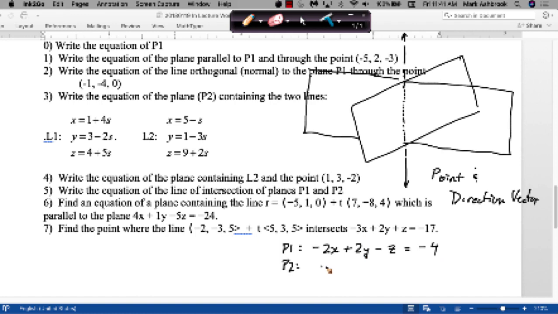-11x plus 13y plus 14z equals 84. Equals 84? Yeah. Wow, that's a serious plane right there. Let's see.